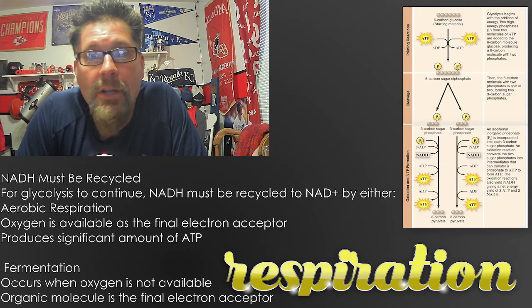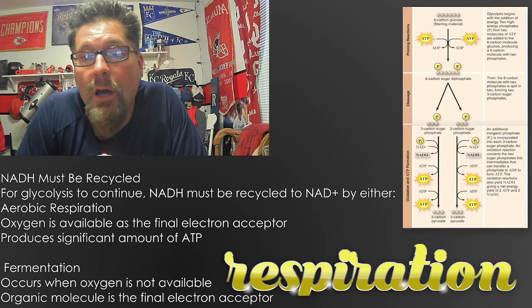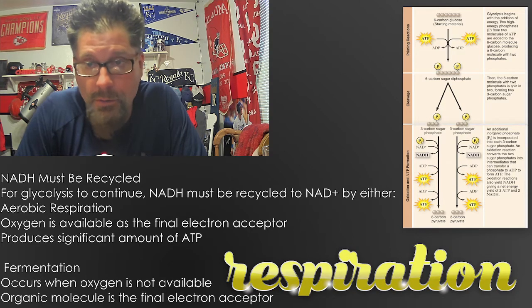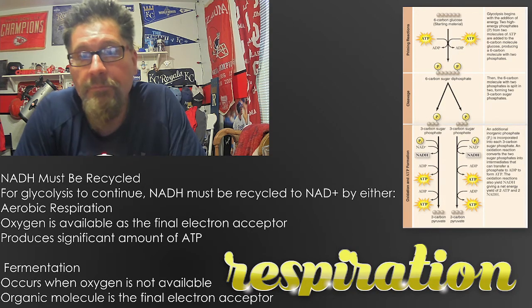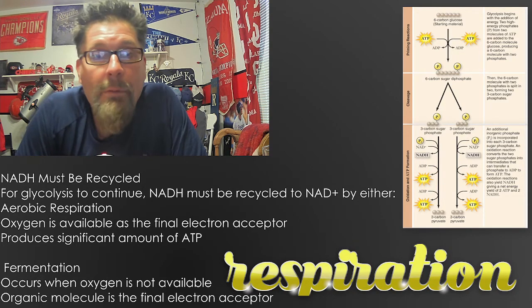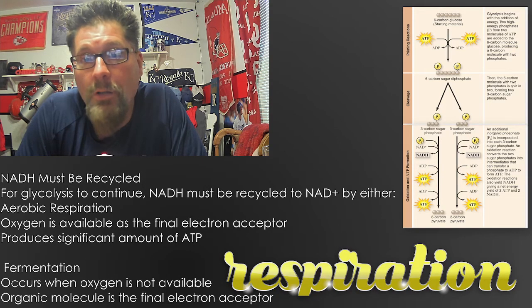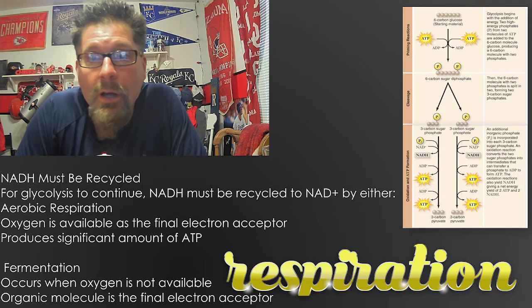So that's easy. It can either happen in aerobic respiration, which is what we're going to see, where the oxygen's involved and large amounts of ATP are going to be made. But it can also happen in fermentation, and again we'll talk about fermentation as well as anaerobic processes in later videos.